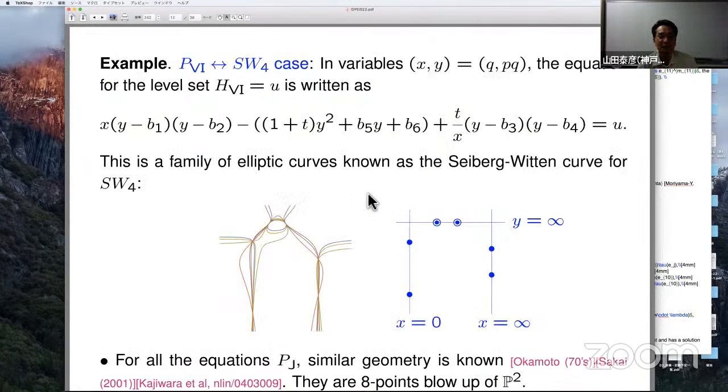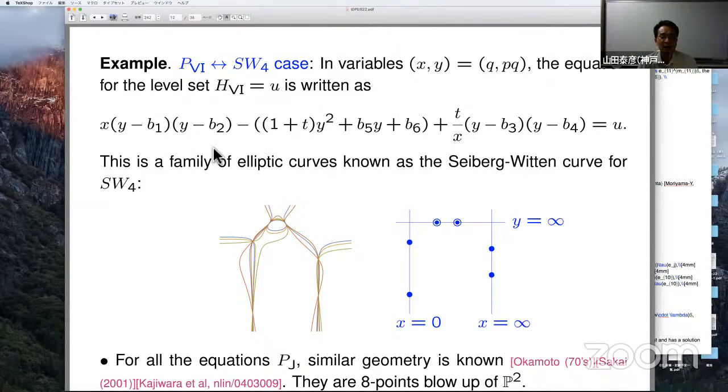For example, in the Painlevé 6 case, the level set of the Hamiltonian is the algebraic curve of this equation, written in the coordinates x and y, which are q and pq. Then this level set equation can be written in this form.